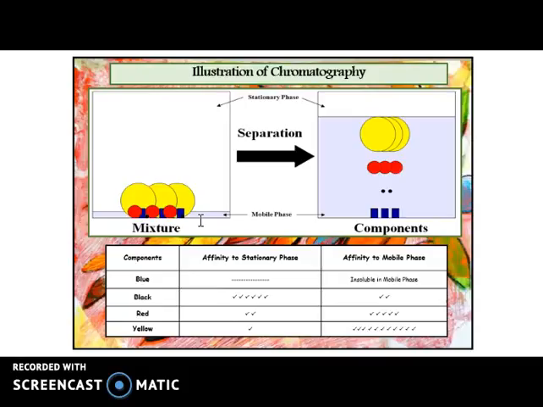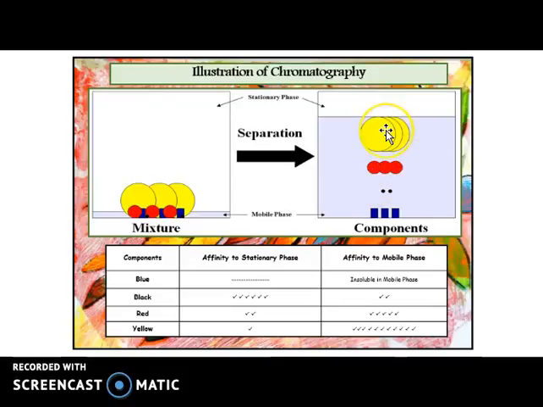So for example, in this case where you have this mixture and you let separation happen, as you can see, you have 4 components in this mixture. From this movement, you can know which components prefer the stationary phase and which ones prefer the mobile phase.